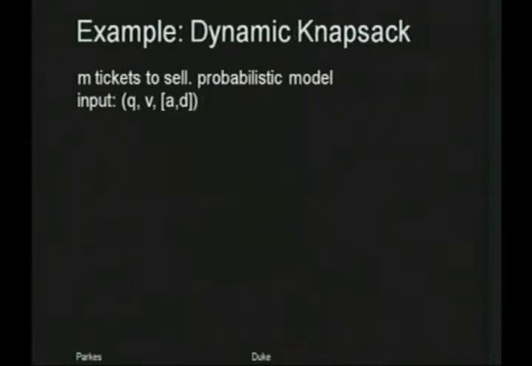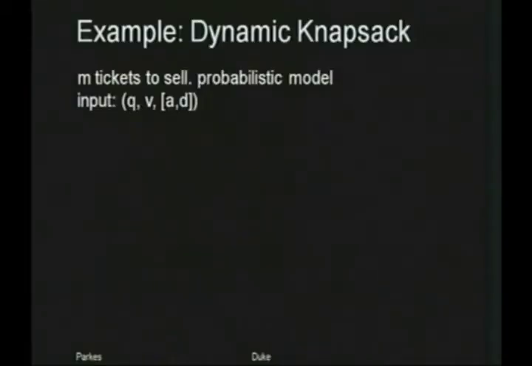And suppose I have a probabilistic model of the arrival process of bidders into my mechanism. And suppose that I model the preference of an agent, that is its type, as a quantity, Q. You want, say, 3 tickets, all or nothing. You only want 3. You have a value V for all 3 tickets, and you have an arrival time and a departure time.